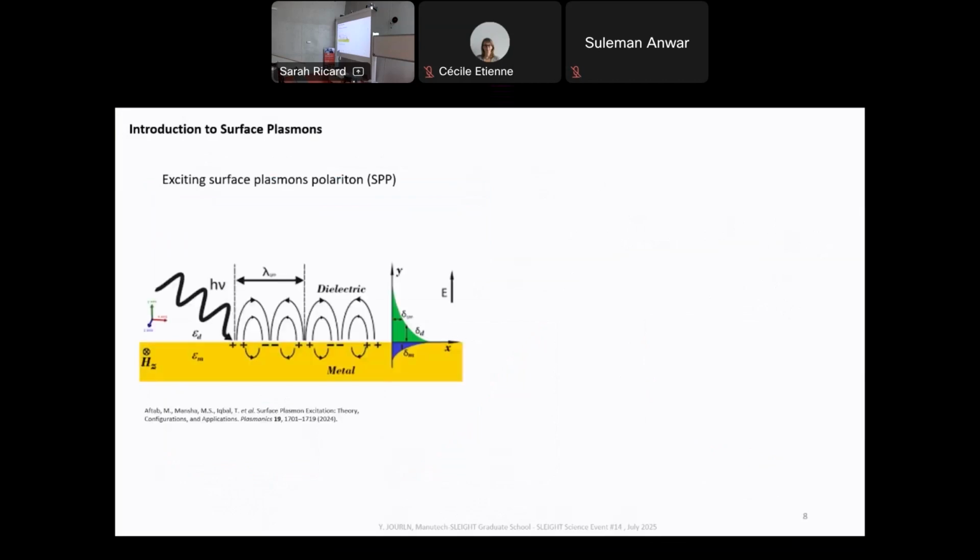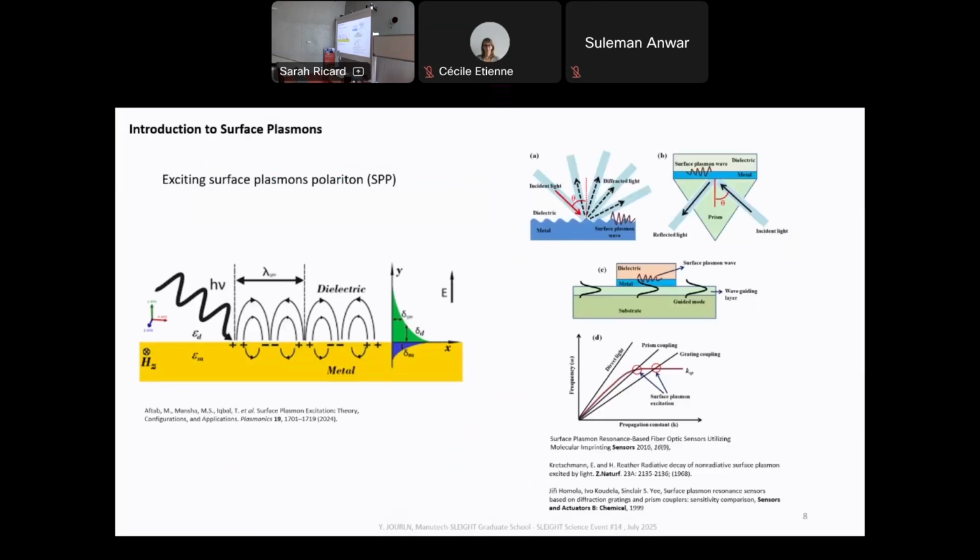We define the surface plasmon wave and the key parameters, but we need to excite the surface plasmon, because it doesn't exist if we have only an incident beam like this. We need something else to have what we call phase matching between the propagation constant of the plasmon and the K vector of the incident beam.